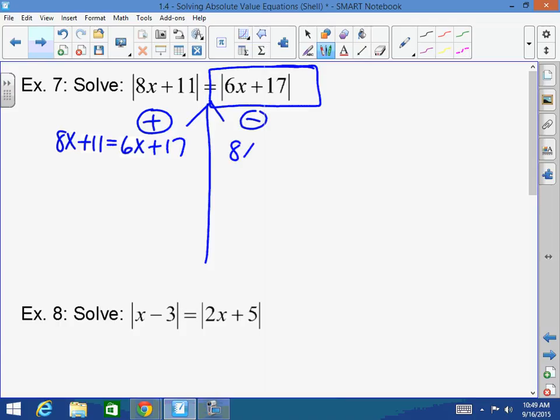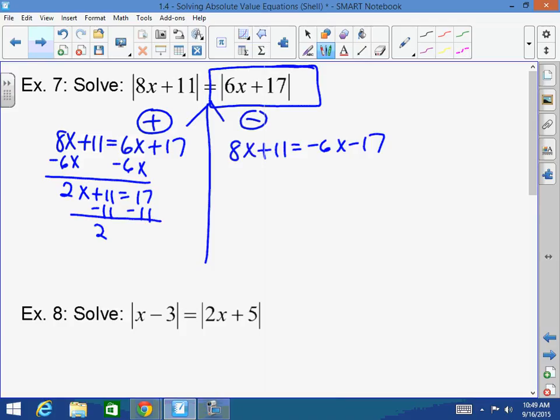So this will be 8x plus 11 equals negative 6x minus 17. Now let's solve, brothers. Minus 6x: 2x plus 11 equals 17. Subtract 11 from both sides. 2x equals 6. Divide by 2. x equals 3. Bada bing, bada boom.